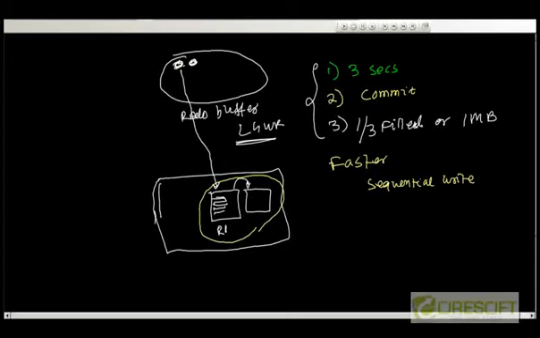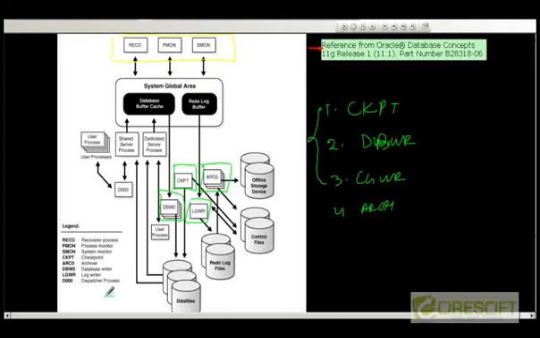The next thing is the archiver process. So let's go back to the main picture. This is how log writer writes from the redo buffer to the redo log files.